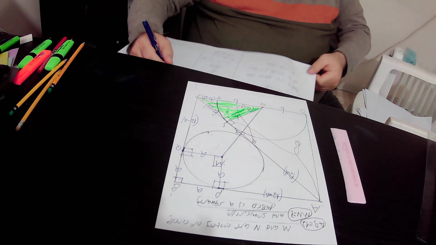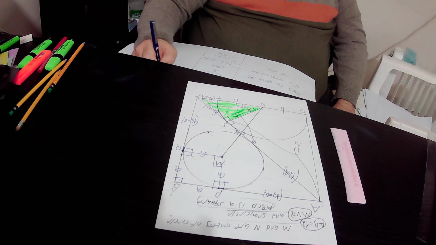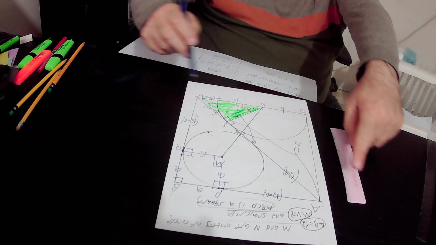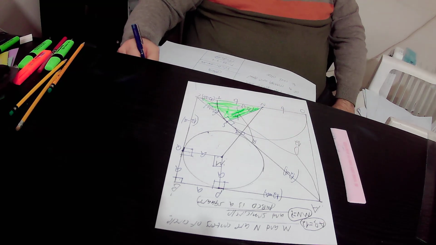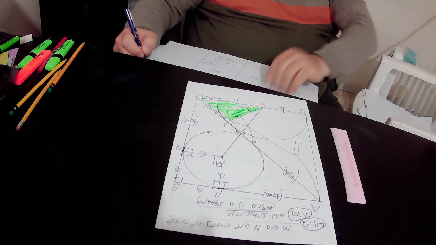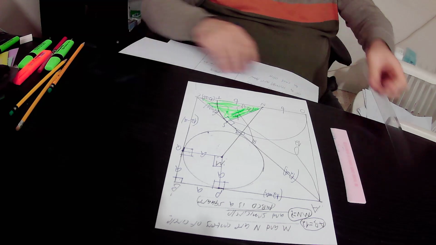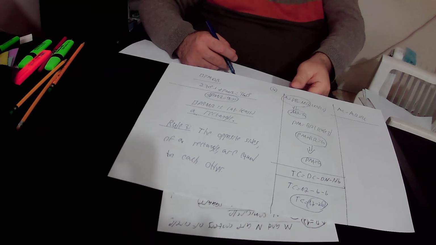The length of diagonal AC. You can see from the drawing that AC is equal to AR plus RC. I will repeat again. The diagonal AC equals AR plus RC.